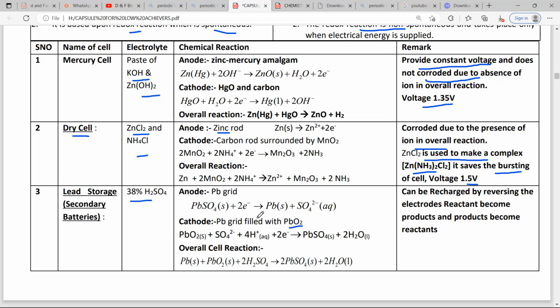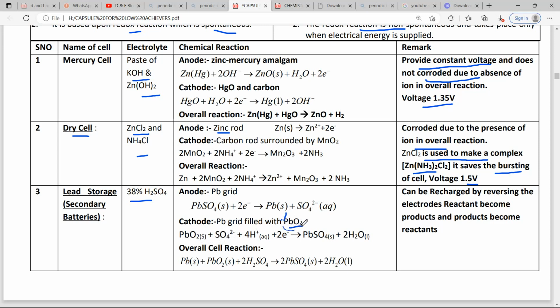You would understand in both the cases. So at the anode, the lead gives two electrons and it gives lead sulfate. And this sulfate ion reacts with the cathode, that is with the PbO2.